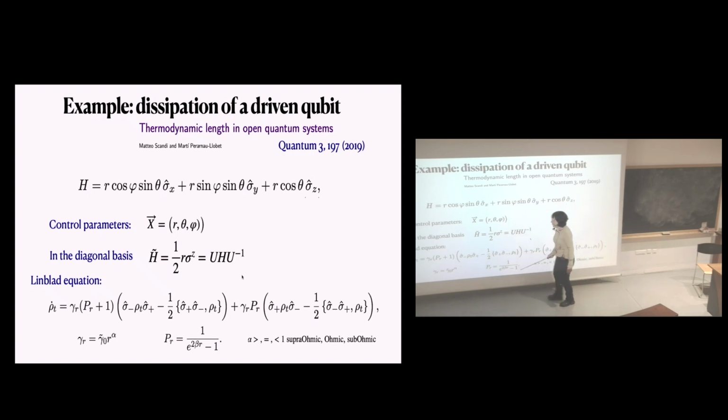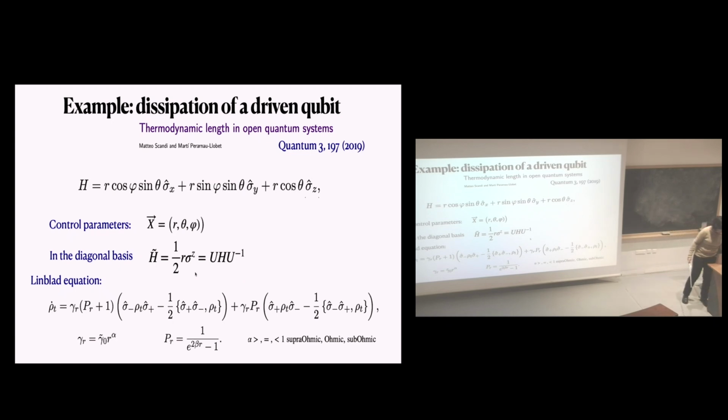It is here considered the possibility that the reservoir is a Caldeira-Leggett-like reservoir, which can be described by some density of states, which can have some ohmic, super-ohmic, or sub-ohmic behavior, and this is contained in this exponent alpha. So these are the characteristics of the bath that enter the Lindblad equation.